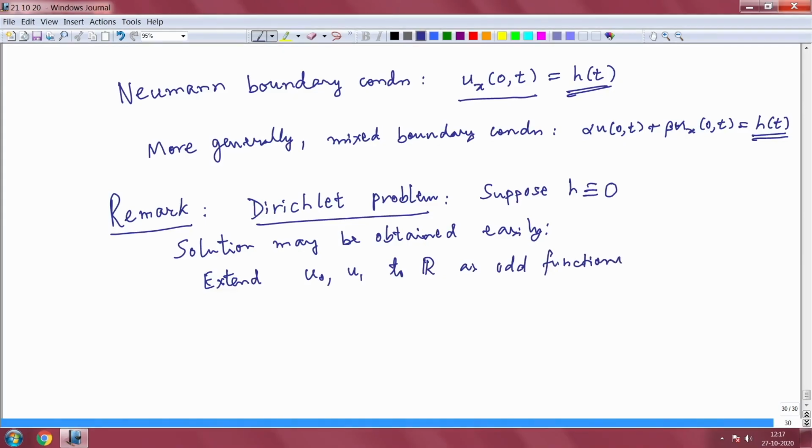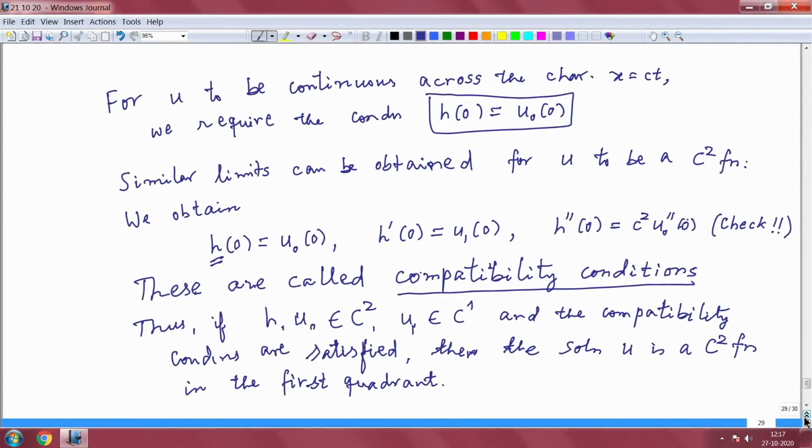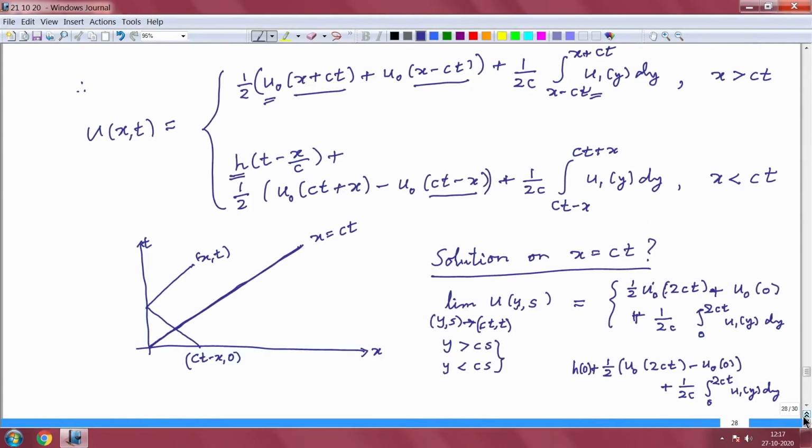Use these extended functions as the initial values for the wave equation in the entire domain, then apply D'Alembert's formula, and you will get this. When h equals 0, you precisely get it just by solving the wave equation on the entire real line. You cannot do this when h is not 0.